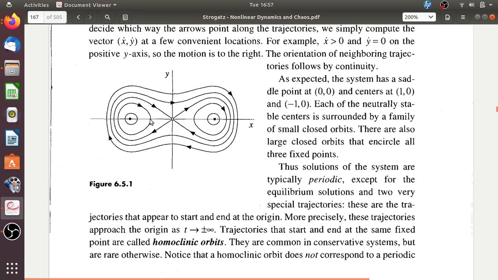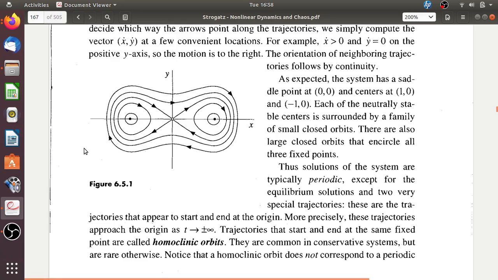They will start and end at that point within a finite amount of time, but this one trajectory will take an infinite amount of time to complete its orbit. So that's one thing we need to remember. Otherwise, for other trajectories, it has a finite time period, even for this or for this, every other one.